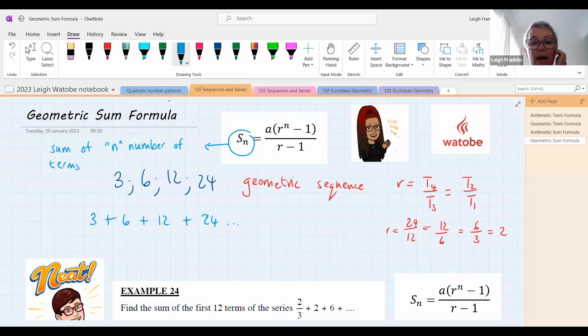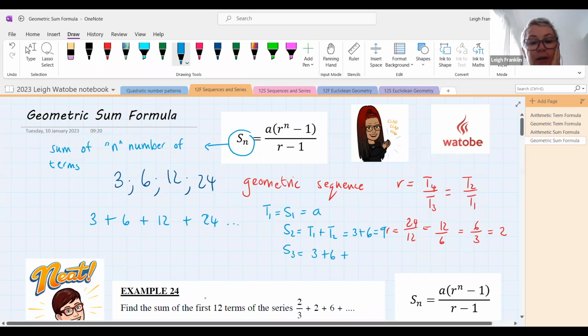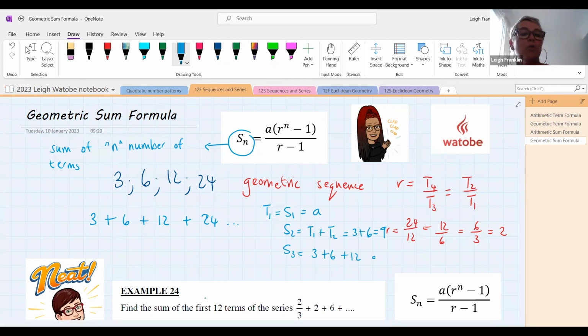Again, just reminding you, term 1 is the same as the sum to 1, which is a. The sum to 2 is the sum of term 1 and term 2. In this case over here, it would be 3 plus 6, which would give us 9. The sum to 3 would be 3 plus 6 plus 12, etc. So that's what we mean when we talk about summing.